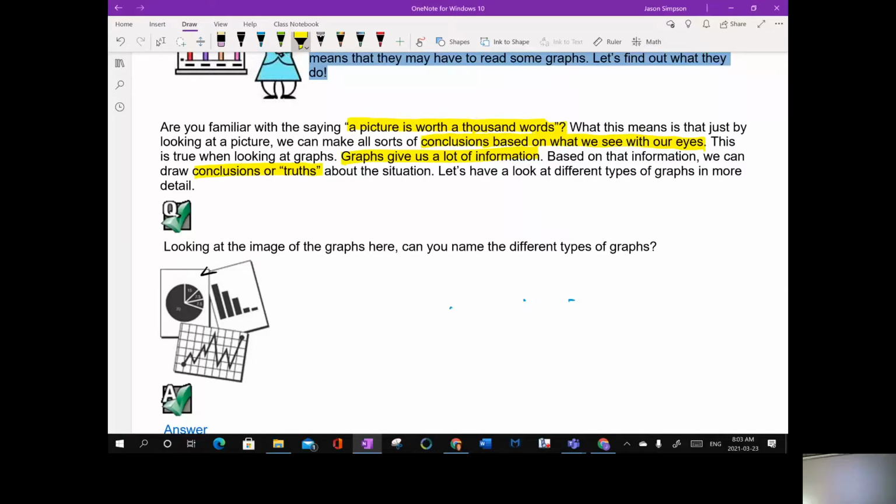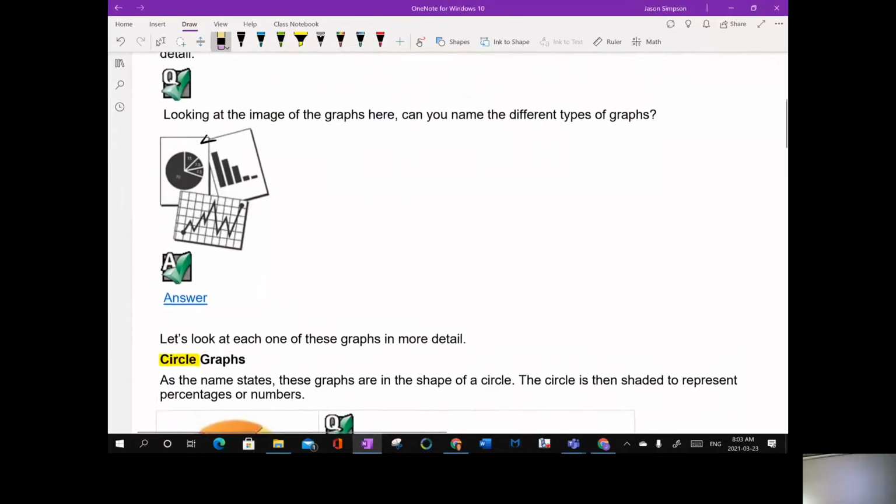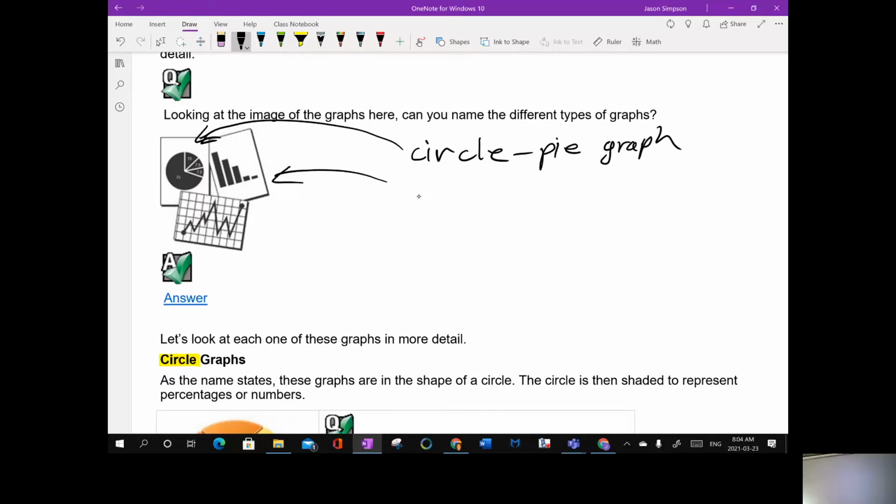So let's have a look at the different kinds of graphs that we have for this lesson. Let's look at this image here. There are 3 different kinds of graphs. We have one that's called a circle or a pie graph. We also have another one that is called a bar graph or histogram.